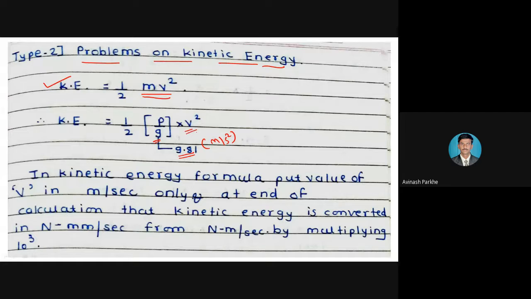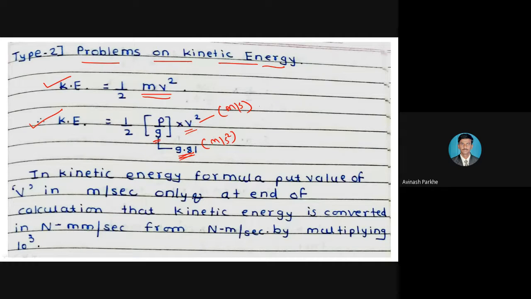If I calculate the kinetic energy by using the formula, kinetic energy is equal to 1/2 P upon g into v square, then whatever v parameter is there, we have to put that v value in meter per second, because your g parameter is present in meter per second square.